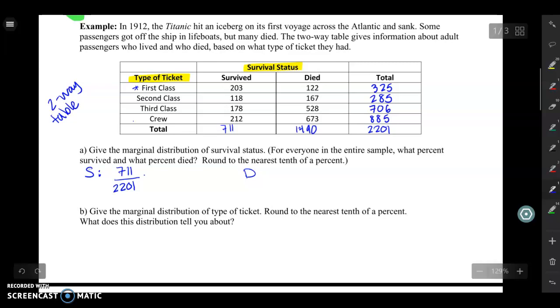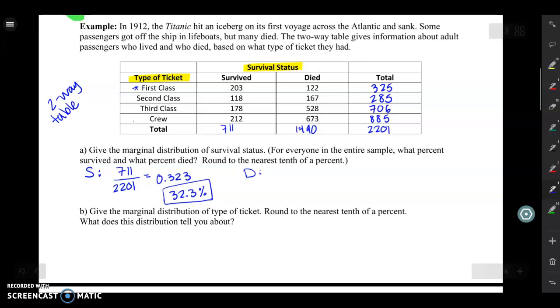If you type this into your calculator, you're going to get 0.323 and then some more decimals. And I want to give my answer as a percent. So remember, 0.323 is going to be 32.3%. You want to make sure that you're rounding appropriately with these, so be careful with that. So 32.3% survived the Titanic crash.